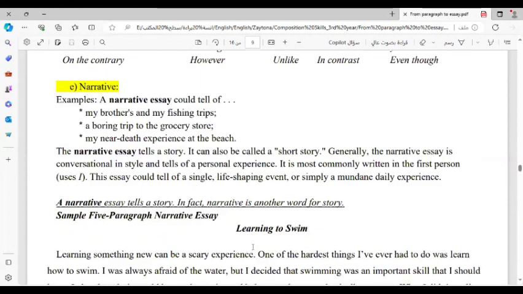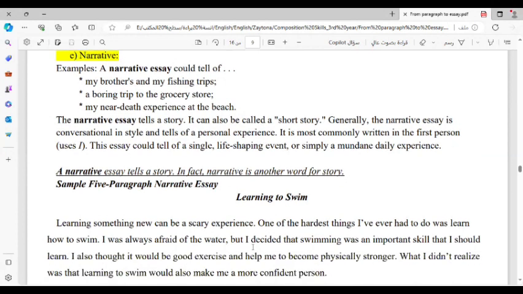When you identify the type of the essay, it will be easier for you to know how to organize your ideas in order to convince or to entertain or only to inform your readers of something.